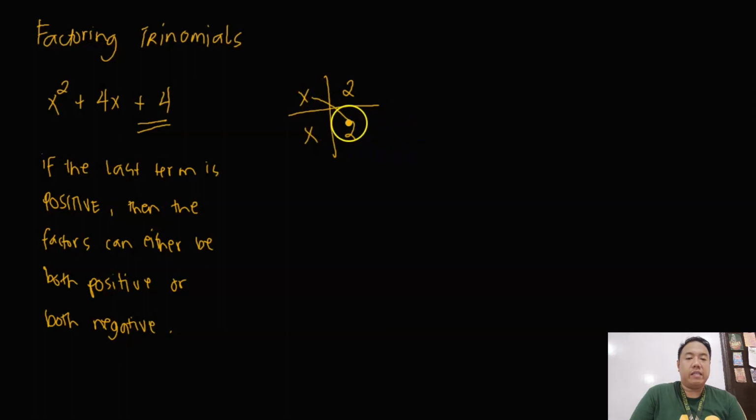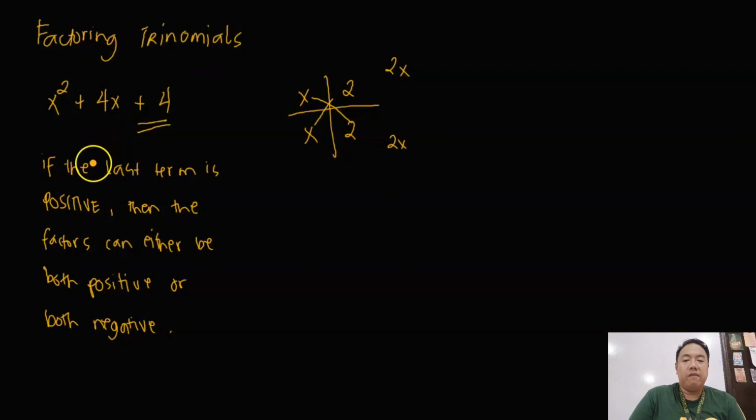So we have x times 2 is 2x. Then another x times 2 is another 2x. Since ang usapan po natin dito, positive yung last term, it will be either both positive or both negative, depending on the middle term. Tingnan natin si middle term.